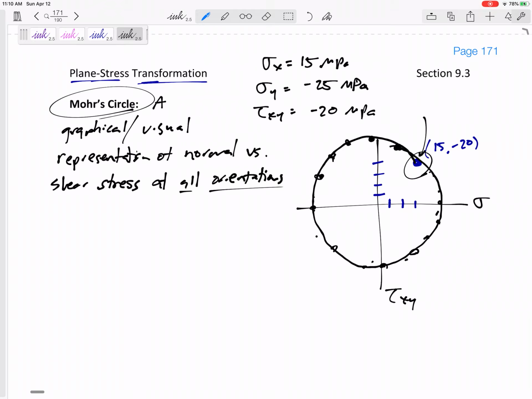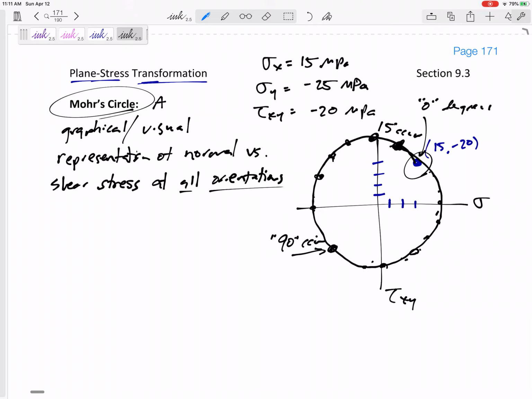Here's my original, maybe 0 degree orientation. And this might be 15 degrees counterclockwise. This right here is 90 degrees counterclockwise, and we could go all the way around.